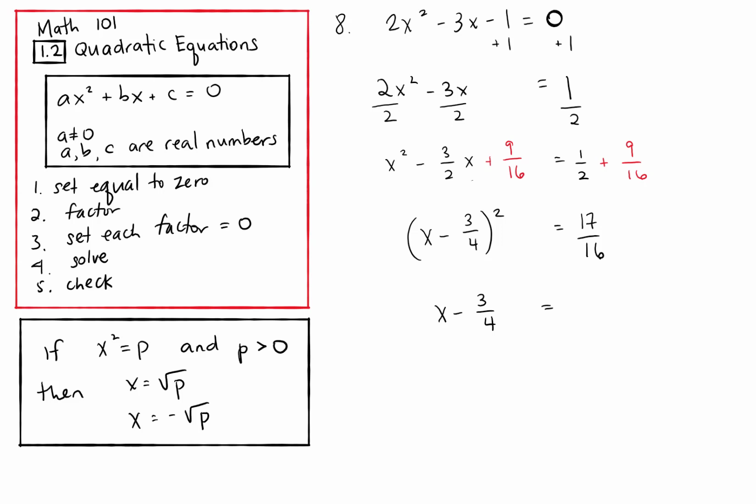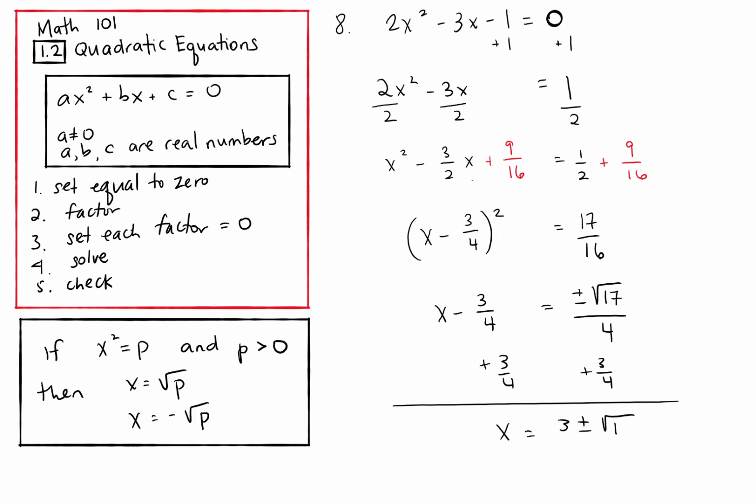The square root of the other side is going to be plus or minus the square root of 17, and the square root of 16 is 4. So if I add 3/4 to both sides, it matches the other denominator. I will just get x is equal to 3 plus or minus the square root of 17, all of it over 4.